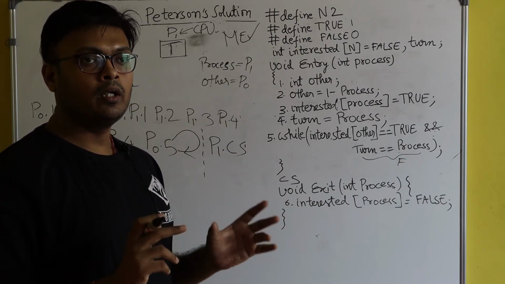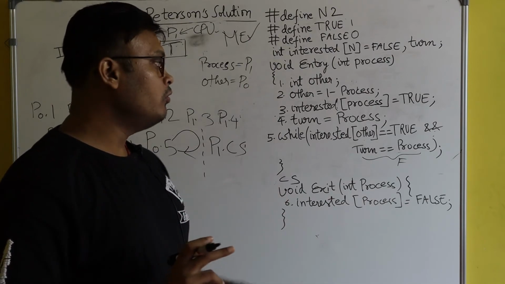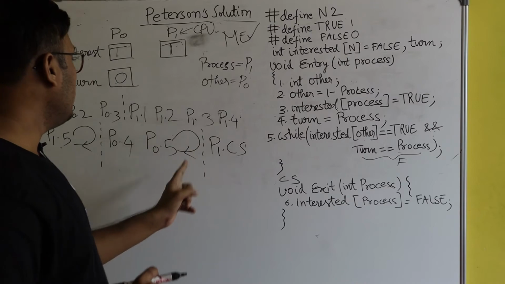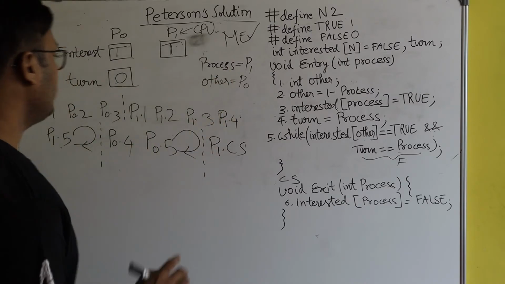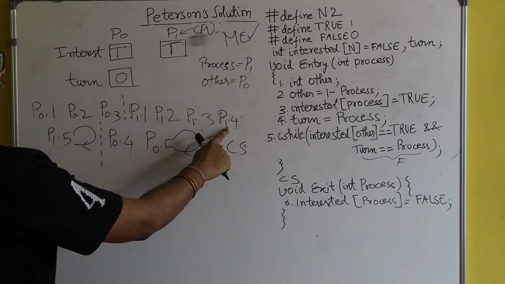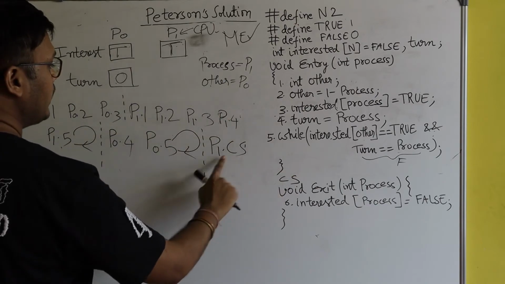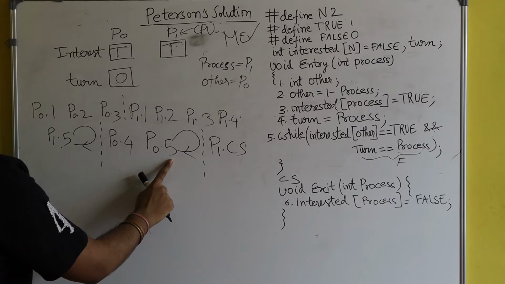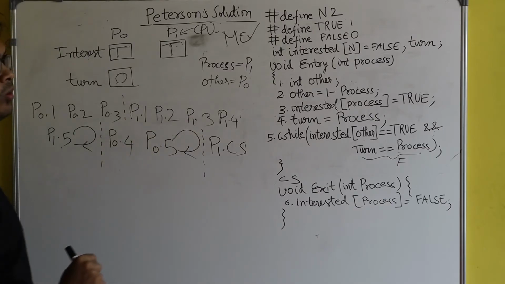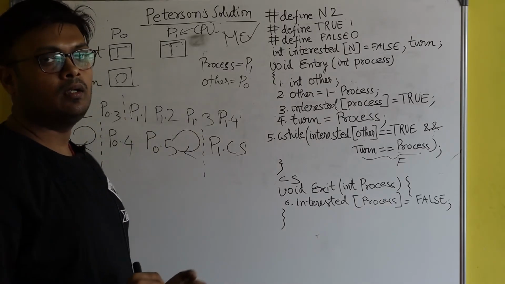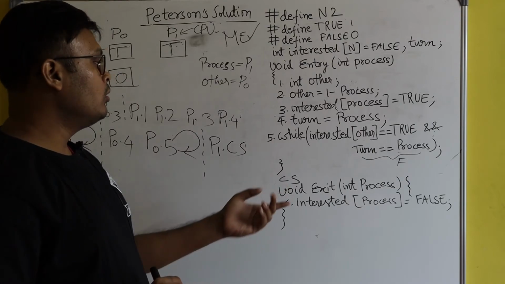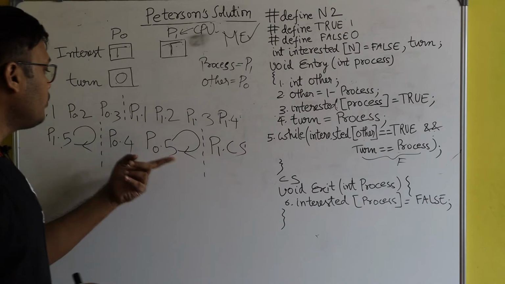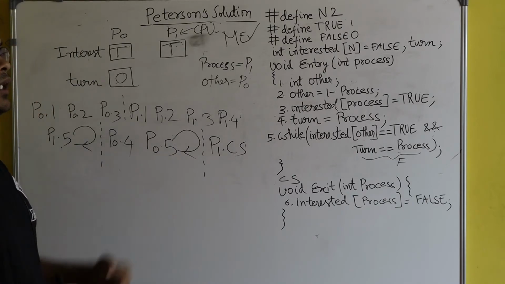So in order to stop the deadlock, we use the turn variable. How? You see here, process P1 set the turn variable first, so process P1 could enter inside the critical section, and process P0 set the turn variable last, so process P0 had to wait inside the while loop. Wait till when? Till P1 comes out from the critical section. After that, process P0 will enter inside the critical section.